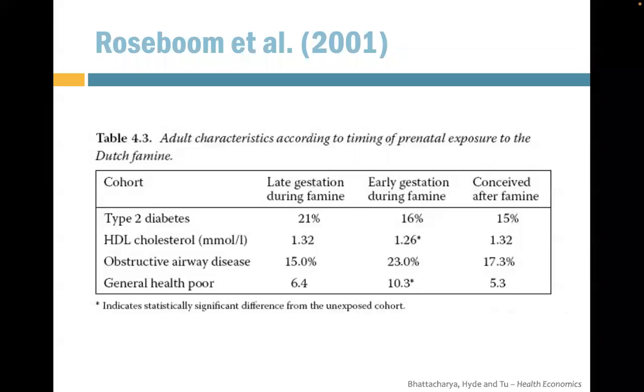We can see that the first group has higher type 2 diabetes, although it's not significant, and has higher HDL cholesterol, has lower obstructive airway disease, and has lower general health poor.